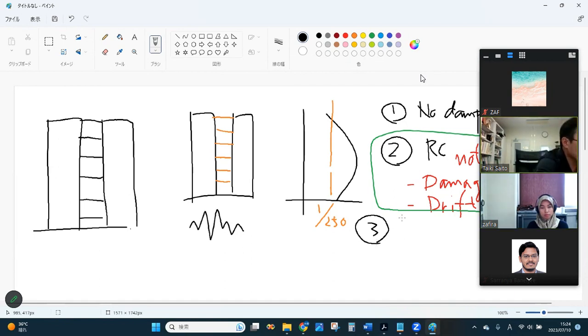Maybe metallic damper only. Then you start from 1% and reducing up to, I don't know, what is that? 20%. 20% is the smallest, right?